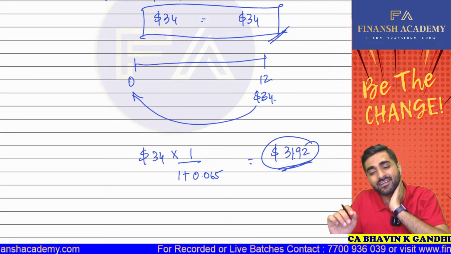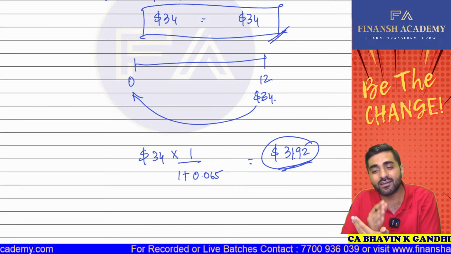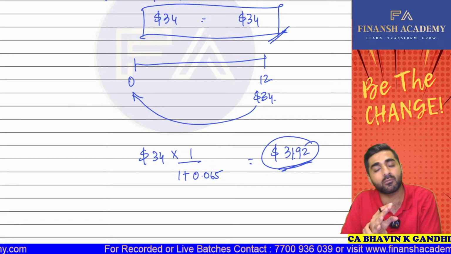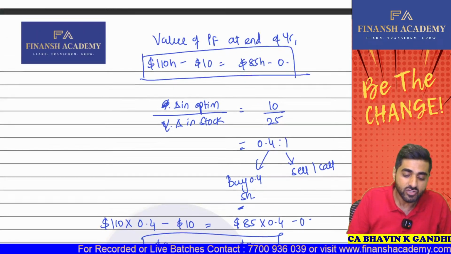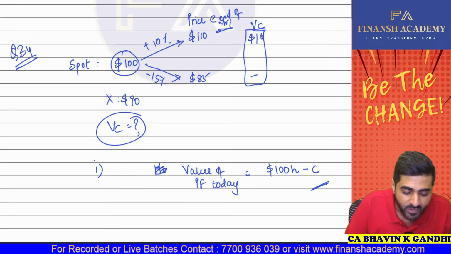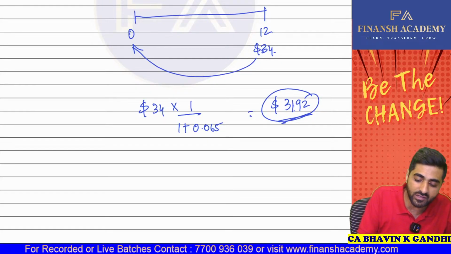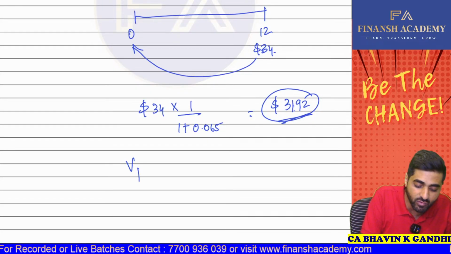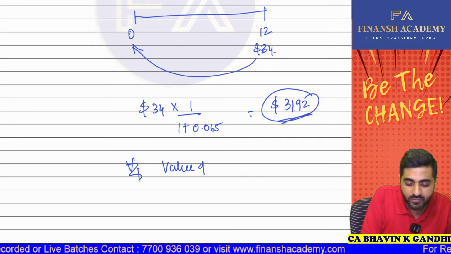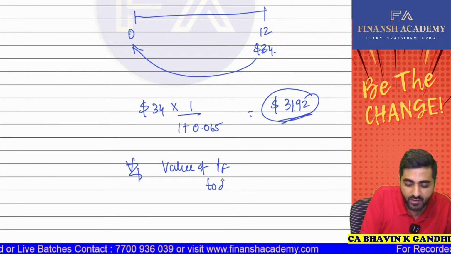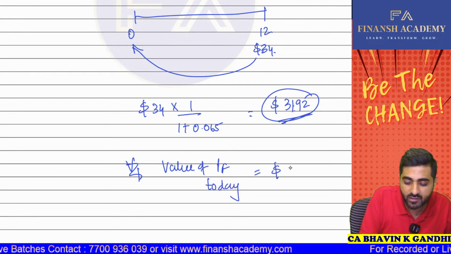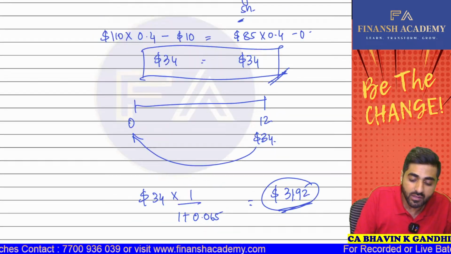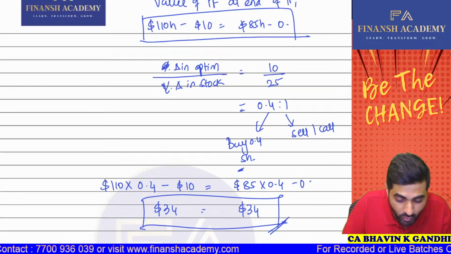Okay, $31.92. What is $31.92, my dear students? This is nothing but the value of the portfolio today. Come on, yes or no? Then the answer is yes. So my value of the portfolio today is nothing but $31.92. Now, my dear students, how are we going to do the calculations?